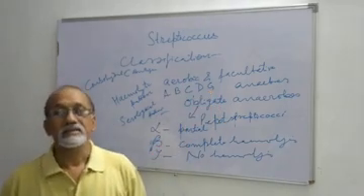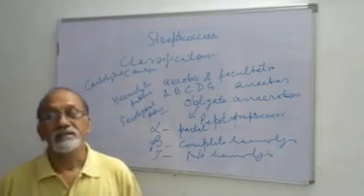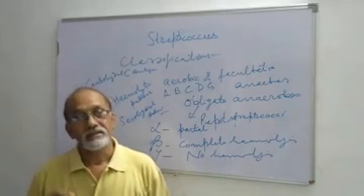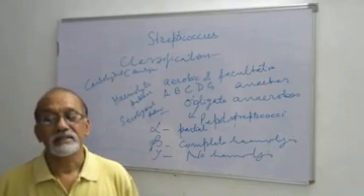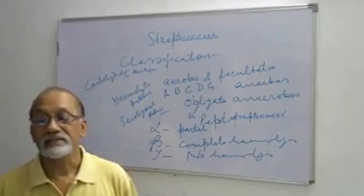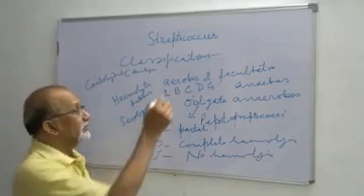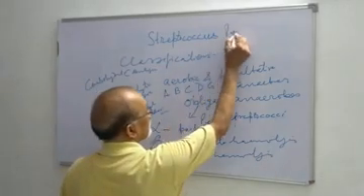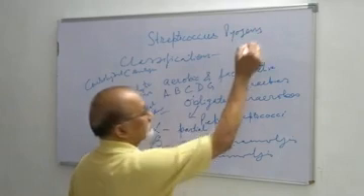And next is Griffith typing. In Griffith typing, hemolytic streptococci of group A are known as Streptococcus pyogenes.